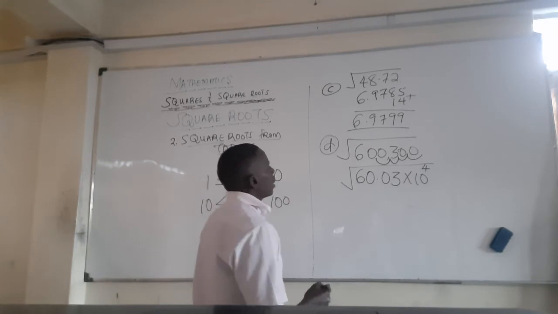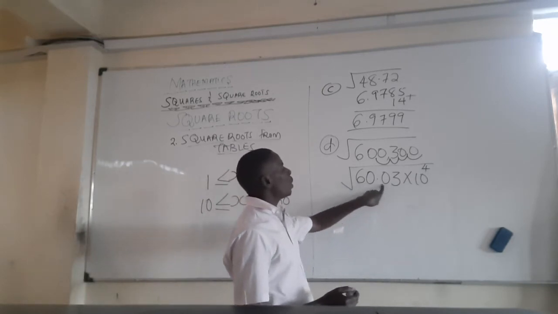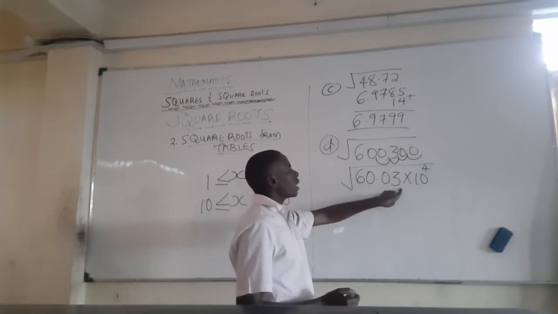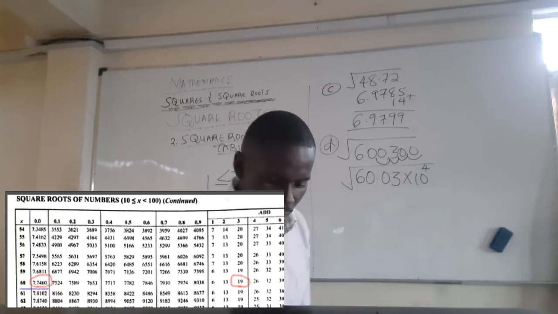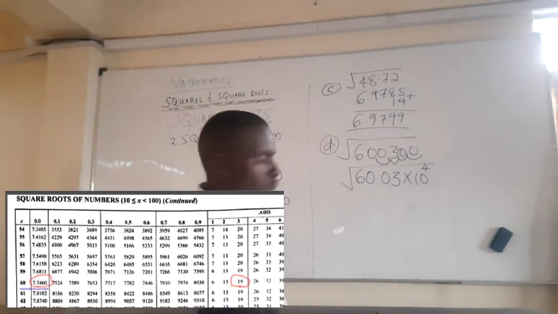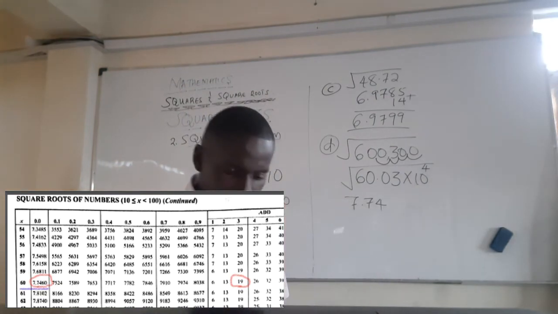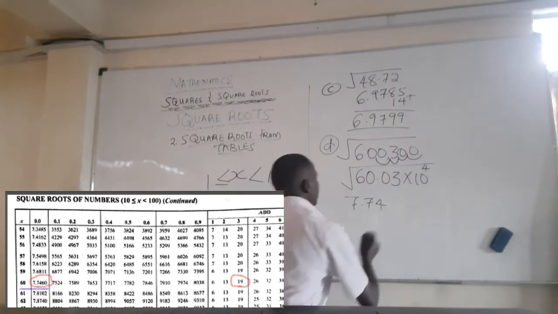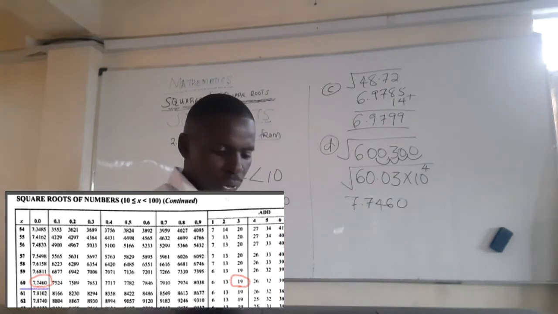Then we are going to read for the square root of 60.0. Then you add the column of 3, the value that is there. So 60.0 from the table is 7.7460.